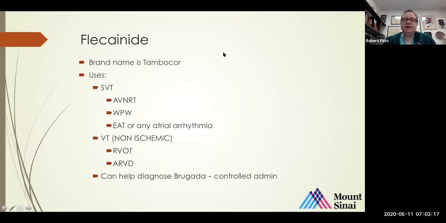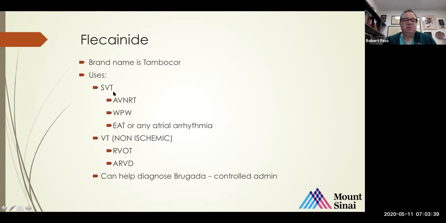Okay, the brand name of flecainide, which I mention because we surprisingly don't spend a lot of time thinking about it, is Tambocor, in case that ever comes up. And it's used for multiple things. I think it would be fair to say, however, that most of the time, Tambocor or flecainide is used for SVTs or supraventricular arrhythmias.